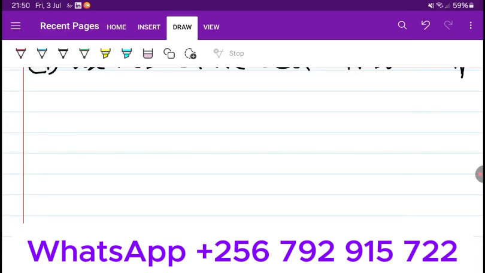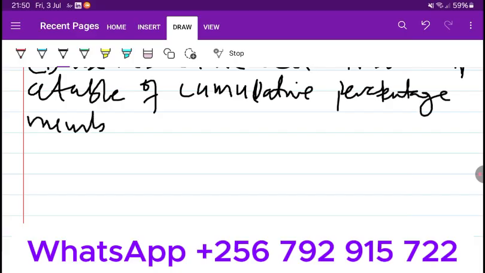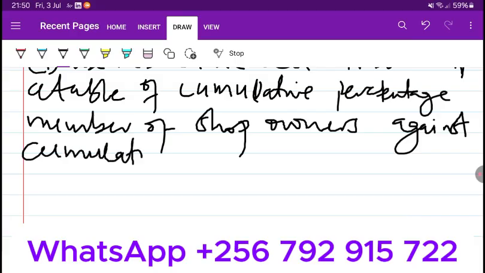They want us to draw up a table of cumulative percentage number of shop owners against cumulative percentage repayments.